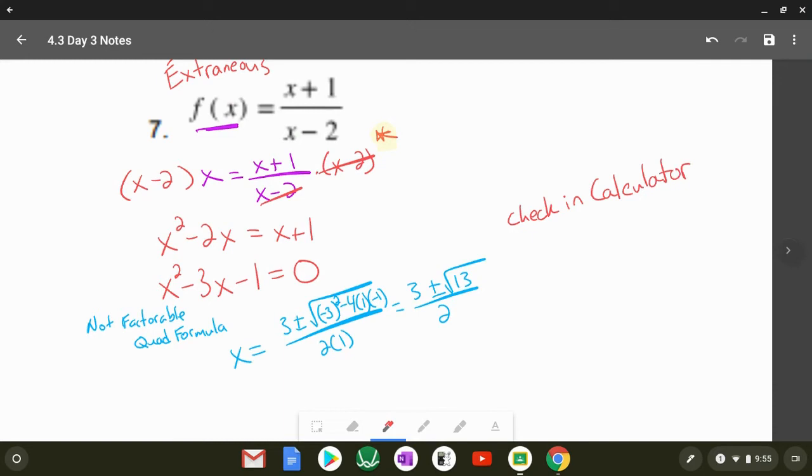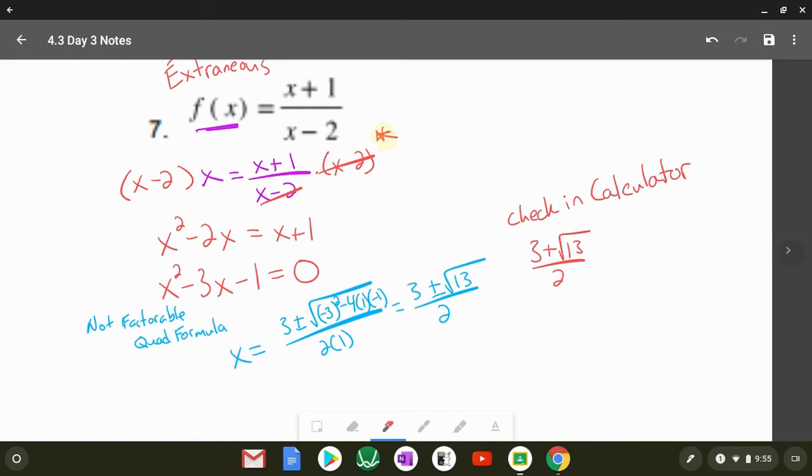Okay, so again, you would just find the approximation of 3 plus square root of 13 over 2 by typing that in your calculator. And then you need to plug that exact value in for both x's and make sure that the output would be the same value of 3 plus root 13 over 2.